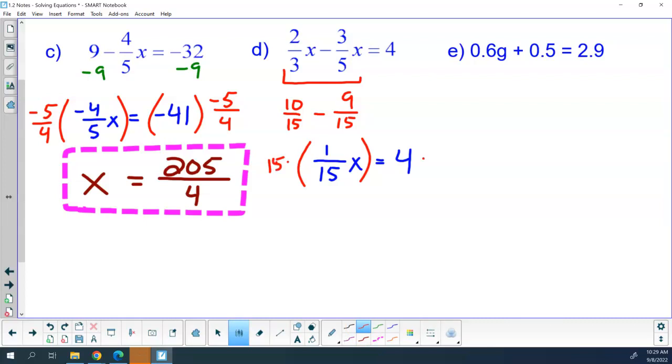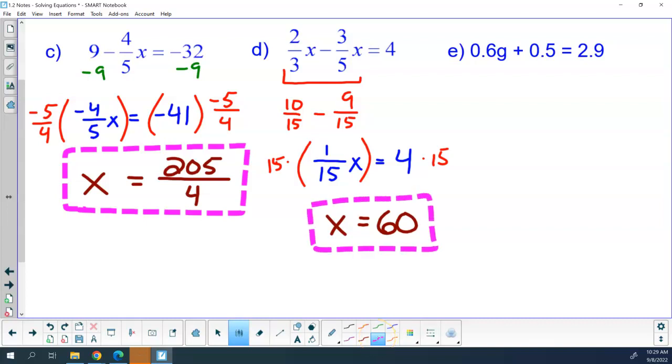Because there's my multiplying by 15, which you did first, and you should get x is 60. 60 divided by 3 is 20, times 2 is 40, 60 divided by 5 is 12, times 3 is 36, 40 minus 36 is 4.